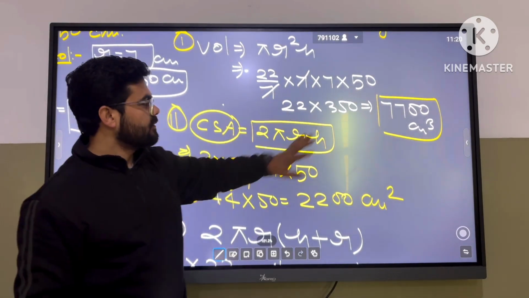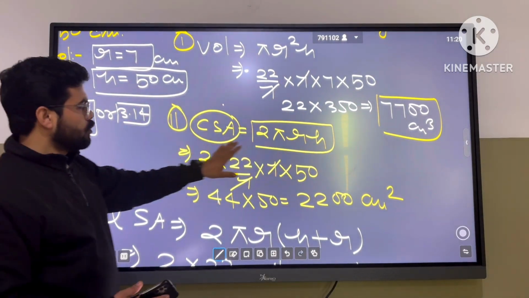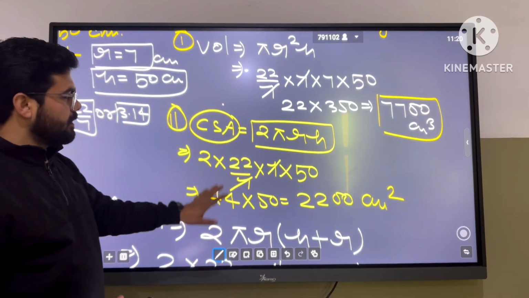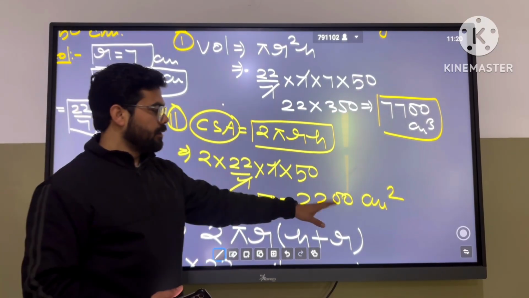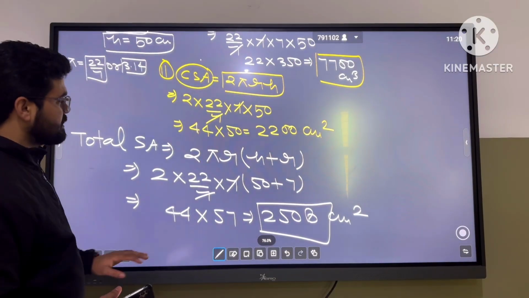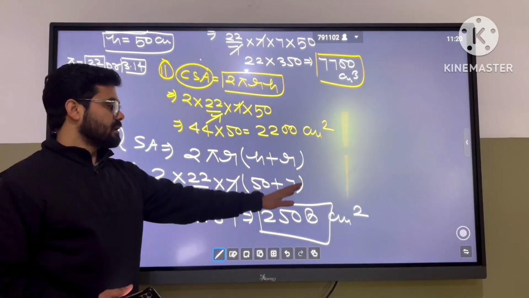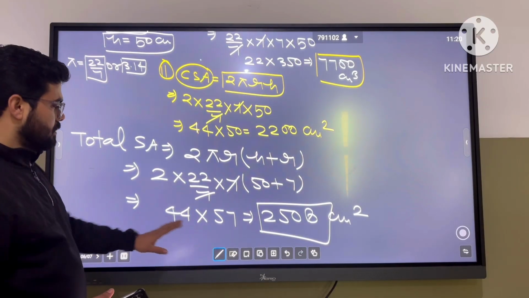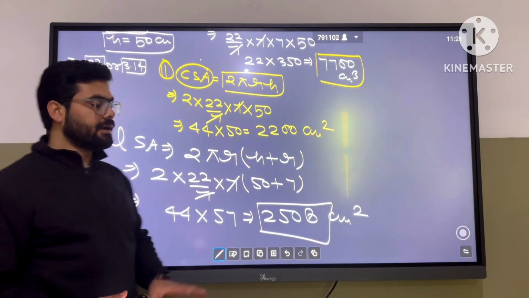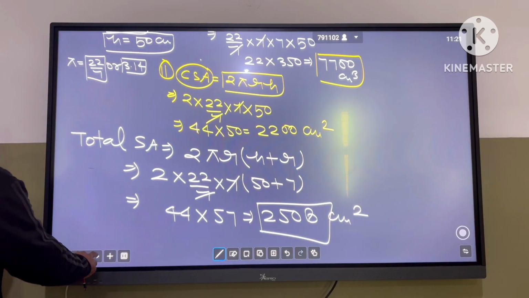So answer is 7700 centimeter cube. Second one is curved surface area 2 pi r h, putting the value of r and h and calculate answer, 2200 centimeter square. And the last one is total surface area 2 pi r (h + r), putting the value of r and h. The final answer is 2508 centimeter square. Now let's move on to next question.